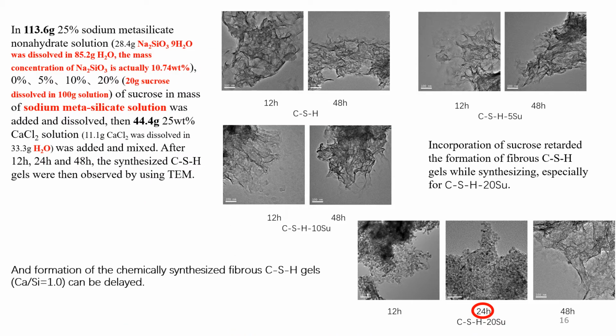And while chemically synthesizing the CSH gels, we can find that if we incorporate enough sucrose, the formation of fibrous CSH gels also can be retarded, especially for CSH20SU. For example, like here, before 24 hours, the CSH gel still showed granular morphology, but at 48 hours, it showed fibrous.